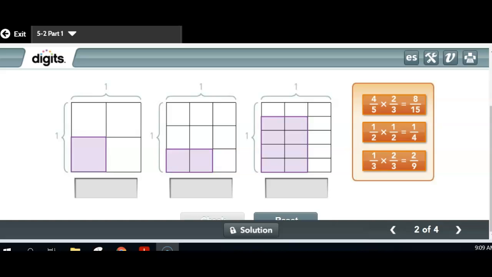Okay, what I want you to do below is put the problem that aligns with the model. You have 3 options. Just go ahead and write below these what the questions are.